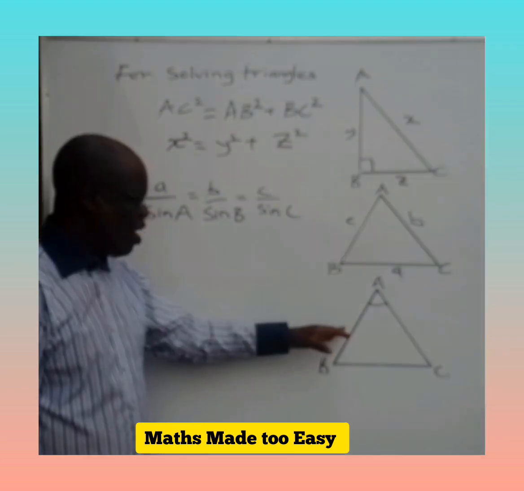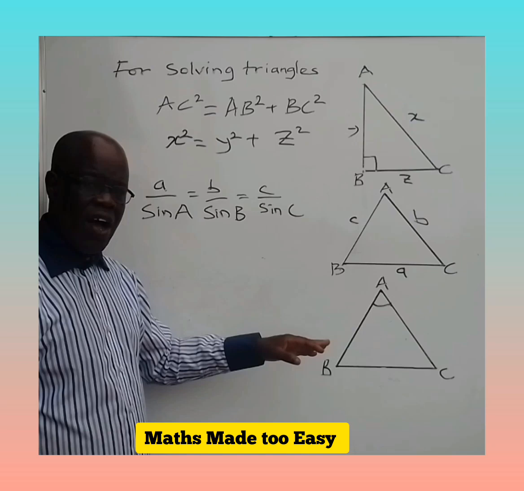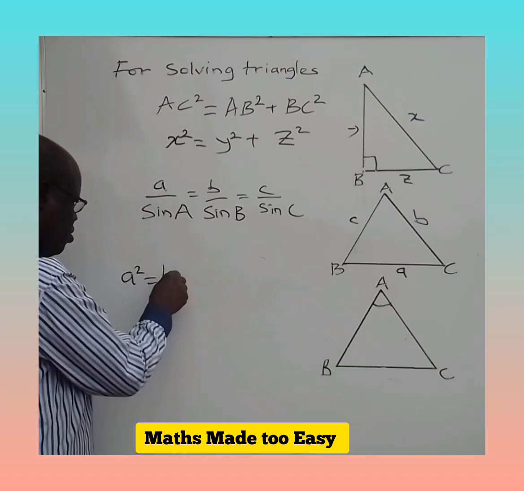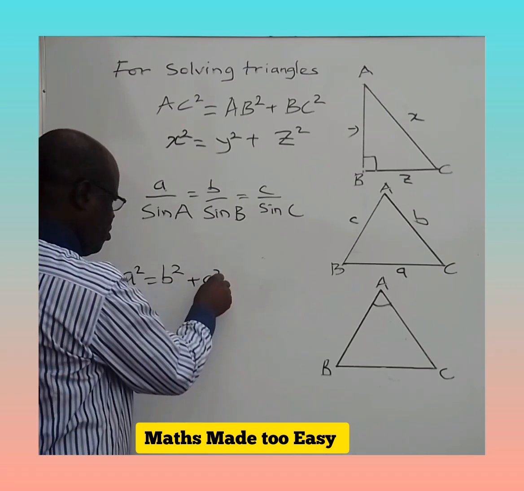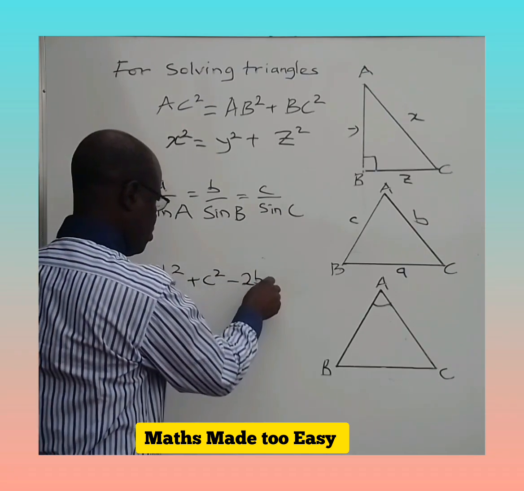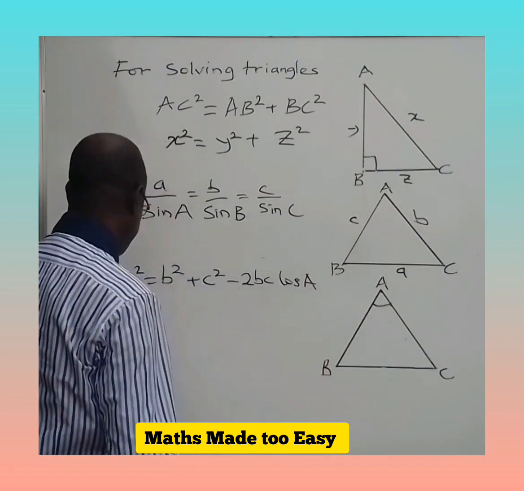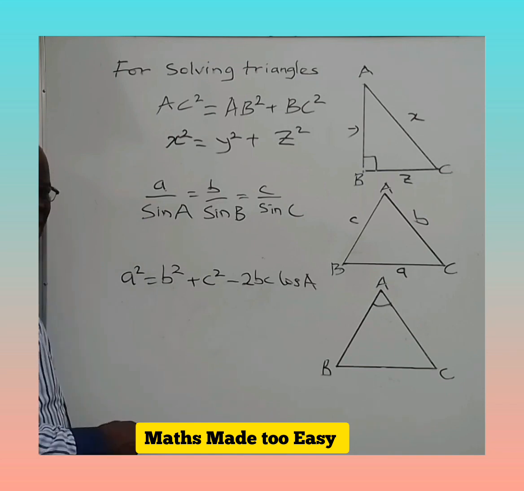Under which condition are we going to use cosine rule? And what is the cosine rule? The cosine rule says that a square, then it can also be written this way.